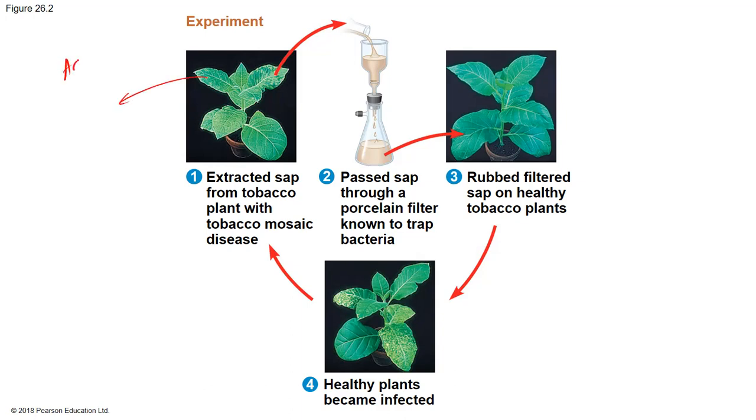So Adolf Meyer was the first to show that he could transmit this disease, but he didn't know at that time that he was actually transferring viruses. So he took this leaf, for example, that is infected with the virus, and he rubbed it into healthy leaves.